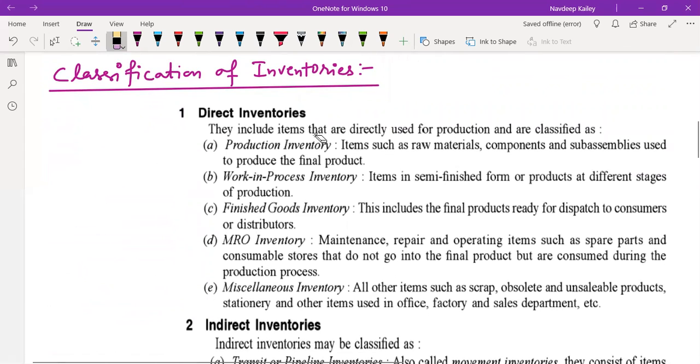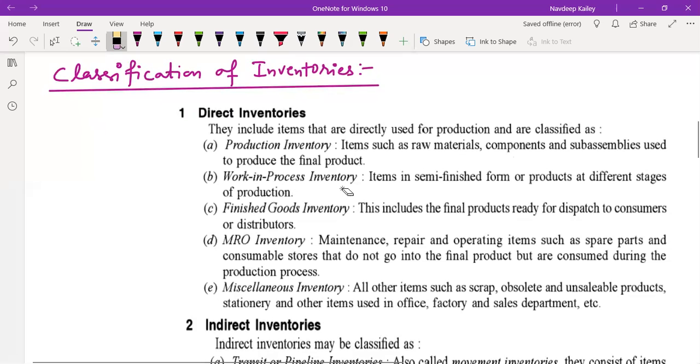These are further classified as production inventory, work in process inventory, finished goods inventory, maintenance, repairing and operating inventory, and miscellaneous inventory. In production inventory, we can say that items such as raw materials, components, and sub-assemblies are used to produce the final product.